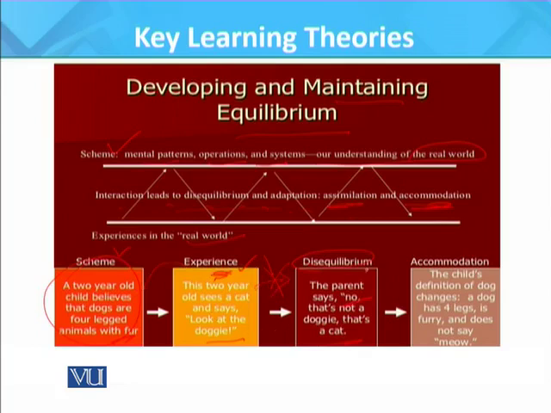So the child assimilates and accommodates that information and understands that the definition of dog changes. A dog has 4 legs, is furry, and does not say meow, which is a cat's characteristic, or that's how cats speak. So we see that disequilibrium is the state when the existing information in one's mind is disturbed or confused due to new information.